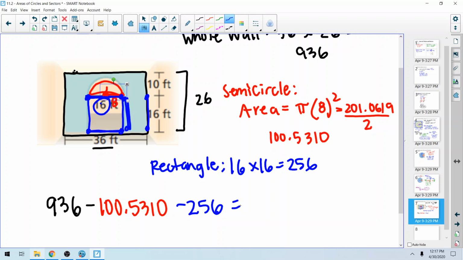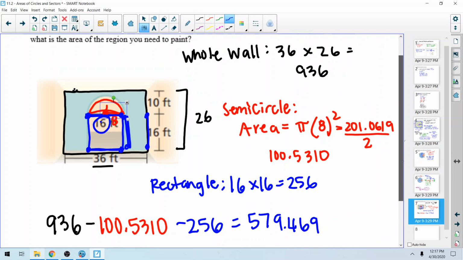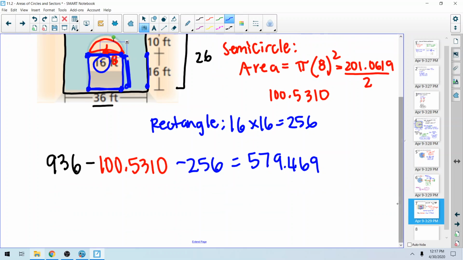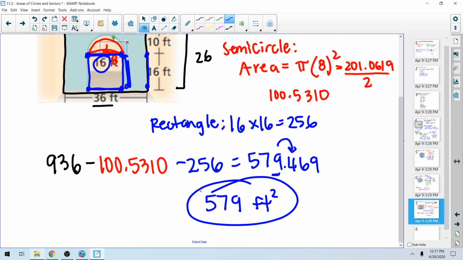So 936 minus 100.5310 minus 256 gets me 579.469. And I believe it said round to the nearest square foot. So the 4 tells me to stay put. So 579 square feet is how much of the wall we need to paint.